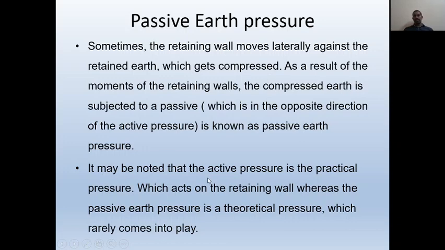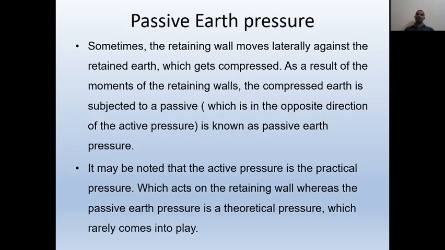It may be noticed that active earth pressure is a practical earth pressure which acts on the retaining wall, whereas passive earth pressure is a theoretical pressure which rarely comes into play. You can compare both of these. By definition, active earth pressure is the pressure by the soil on the retaining wall, and here the retaining wall tries to move away from the backfill.